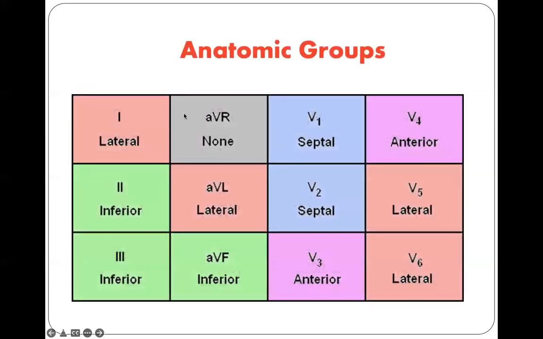If you remember this fantastic slide that we have discussed earlier in this course, which is the anatomical grouping of the ECG leads, because here, when you find the ST segment elevation or depression in certain leads, you'll know which part of the myocardium is affected, which wall is affected, and consequently, which coronary vessel is occluded.